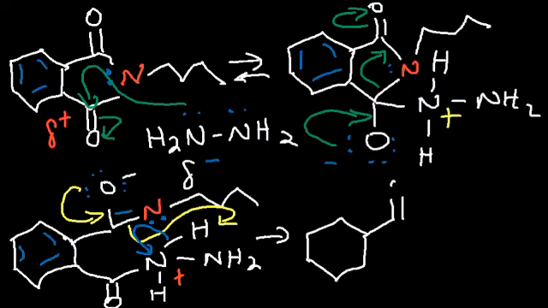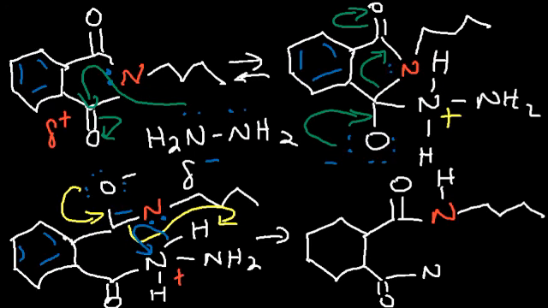So this is back to a carbonyl group. This nitrogen now has a hydrogen attached to it, and it still has 4 carbons. We have another carbonyl group with a nitrogen and another NH2 group. This nitrogen has 1 hydrogen and a lone pair.